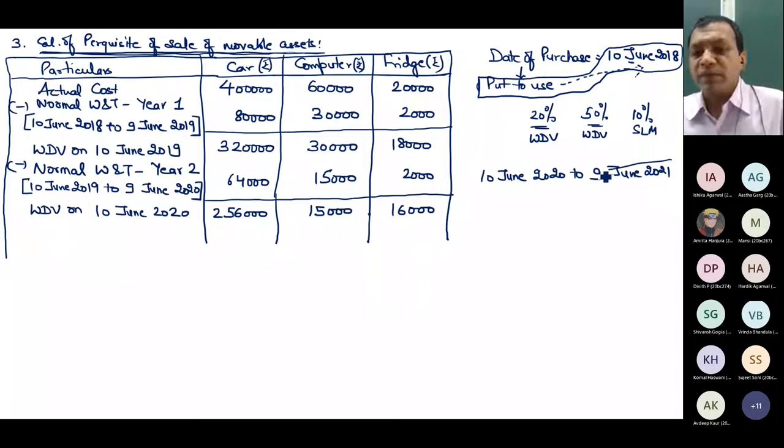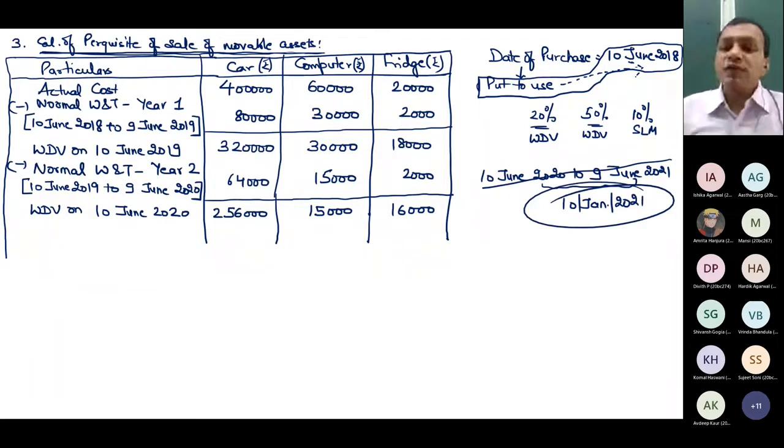It is not possible because before the expiry of this period, on 10th Jan 2021 already the asset is sold. So as an employer, you are not the owner of the asset during this last completed year. So you cannot compute. So department says you cannot compute the normal wear and tear of this year for the purpose of calculation. So in the eyes of the department, it is the on an average market value of these assets.